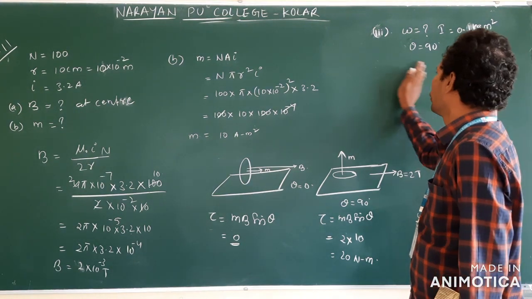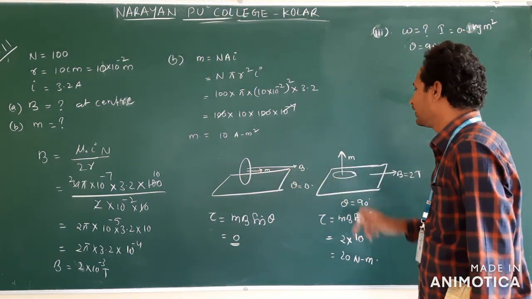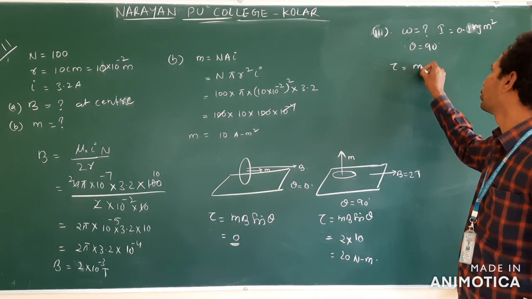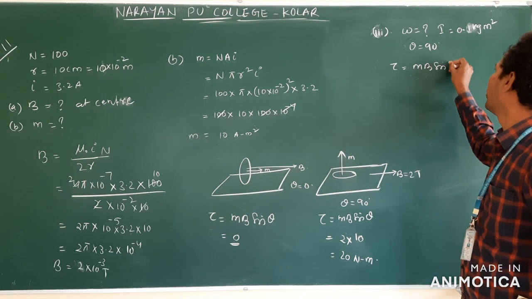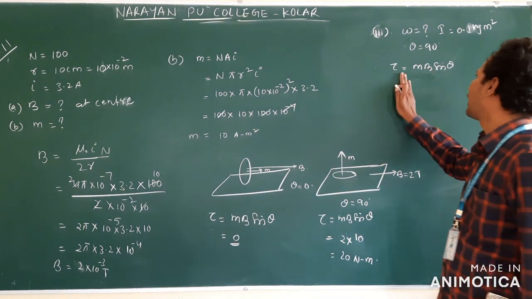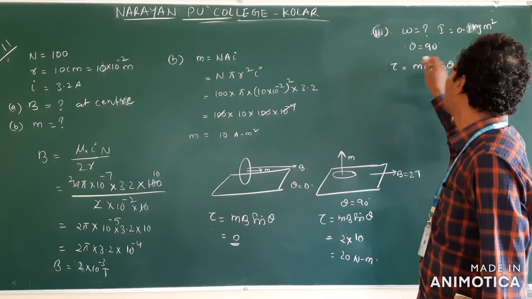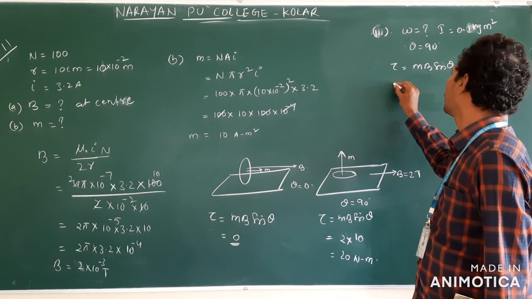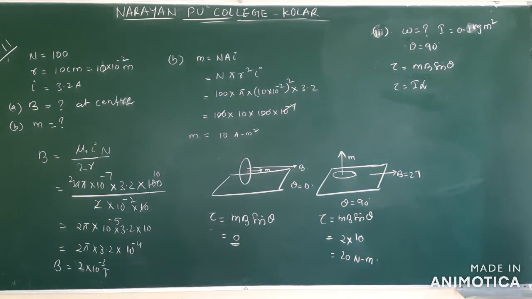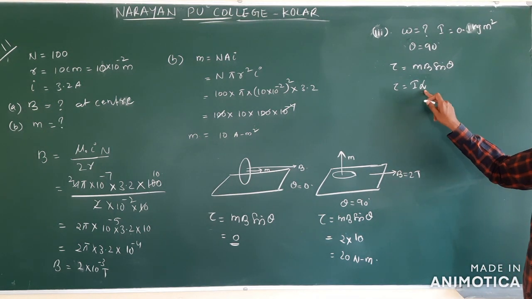Now, why is this coil rotating? Due to torque. Now, torque is equal to mB sin theta. What is the torque formula in terms of moment of inertia? Torque is equal to I alpha. What is alpha?